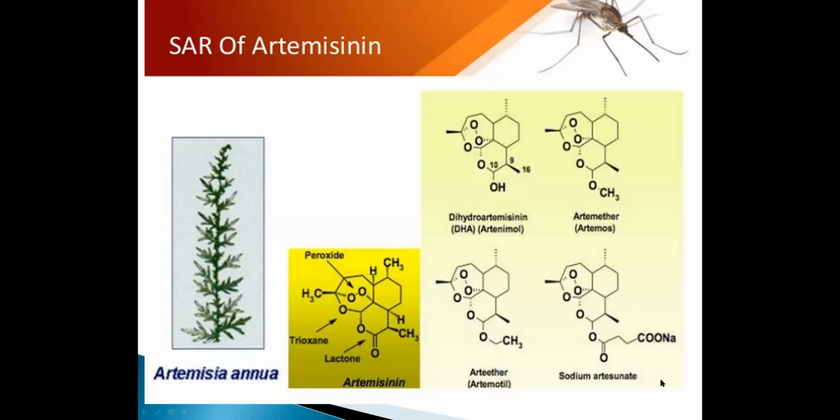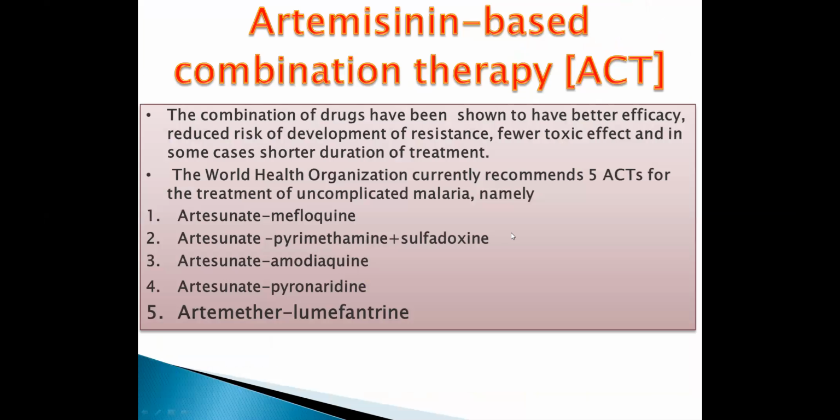So these are the derivatives of artemisinin. Because of their better efficacy and shorter duration of action, they are more preferred in the treatment of multiple drug resistant species of malaria.